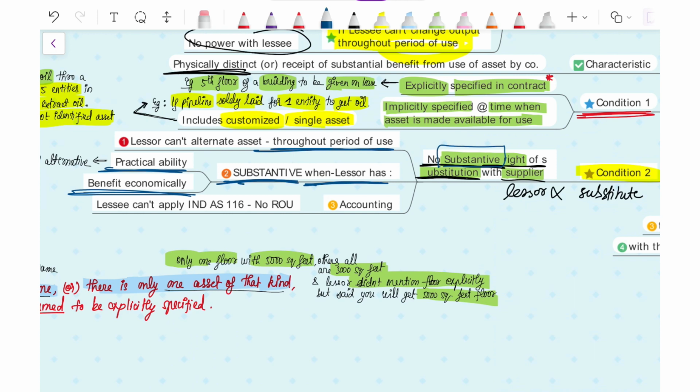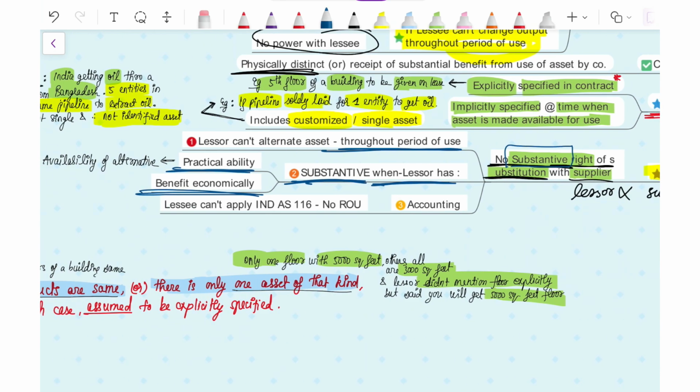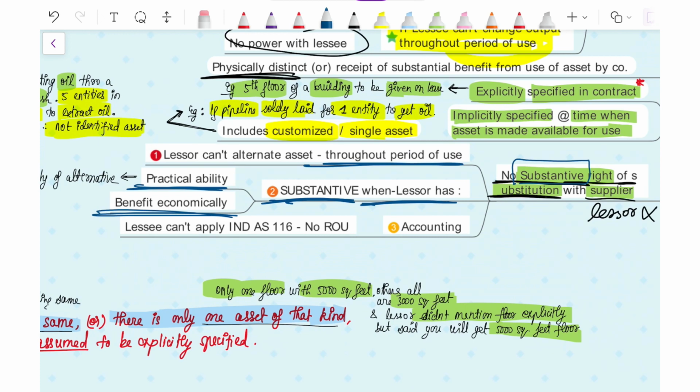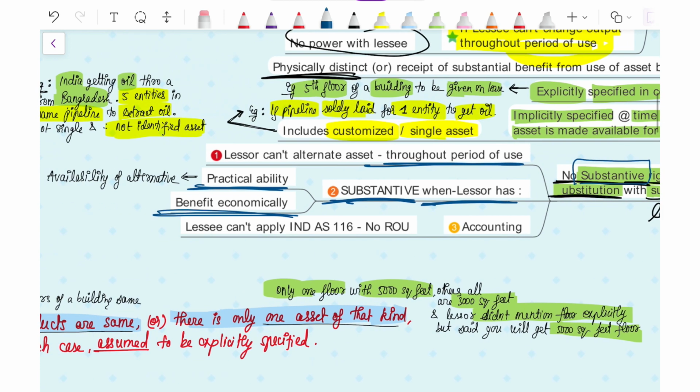Second, here they have specifically told that there must be no substantive right of substitution. The word substantive specifically means that the lessor has a practical ability to alternate the asset. That means if the lessor wants to alternate the asset, he has an available alternate for it, and he also is going to benefit economically from such alteration or substitution of the asset.